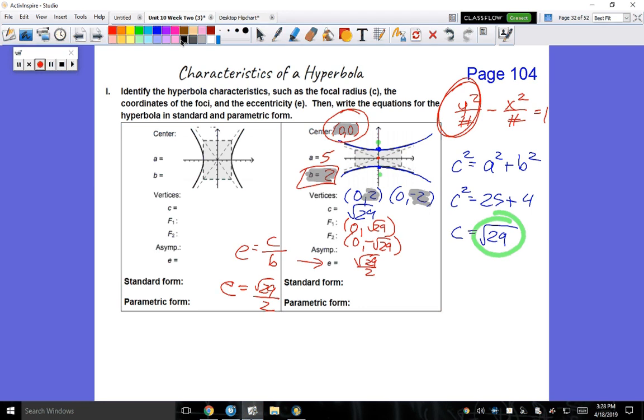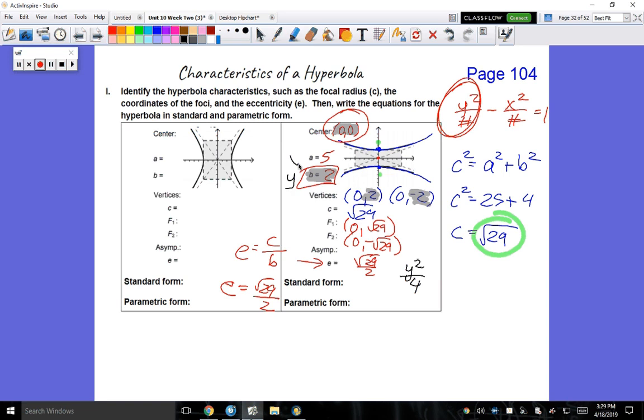Okay, so the standard form is, you help me out, what's the x going to look like? Or let me ask you this, which one gets written first? Y. So let's write that fraction. What is that going to look like? Y squared over what? Close. Wait, no, 4. 4.